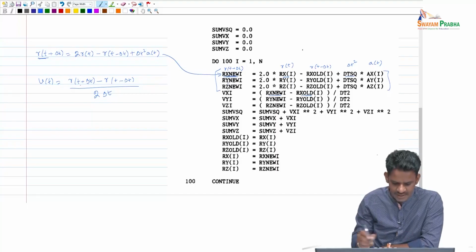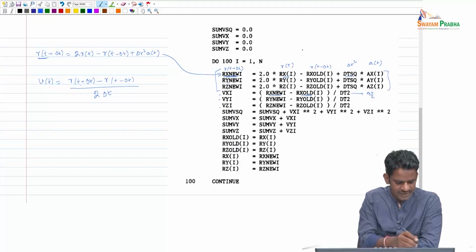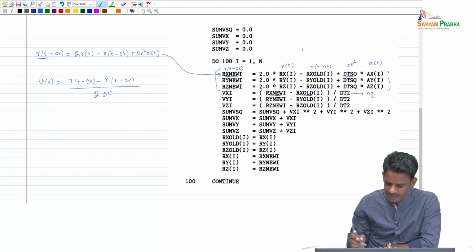This is the old position at t minus delta t, and this is divided by dt2. So, this variable dt2 is nothing but 2 delta t. Velocity is also updated component wise for the x component, y component, z component. So, in this particular loop we are able to get new positions, also the current velocities at time t, and then if you want to calculate kinetic energy, then you can calculate the sum of the squares of the velocities, and for the linear momentum you can get the sum of the velocities.